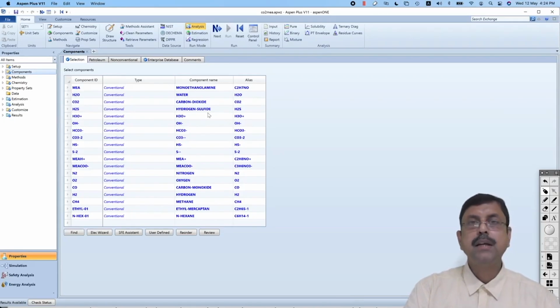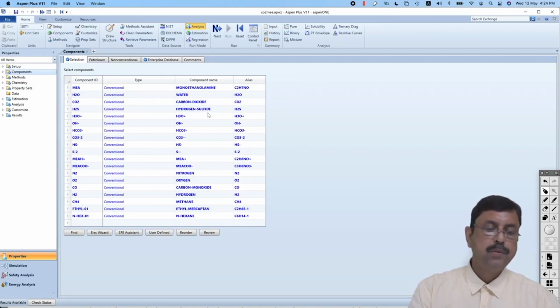So in future, if you want to change your simulation environment, if you want to add in a few impurities, if hydrogen sulfide is present in the flue gas, if you want to add certain number of equations more due to those impurities, then it will be easier for you.